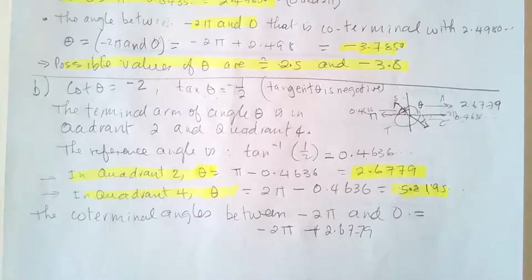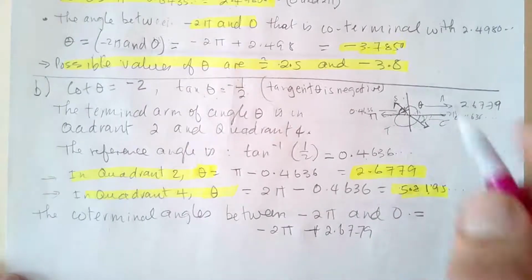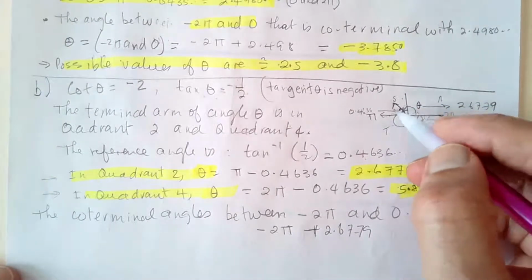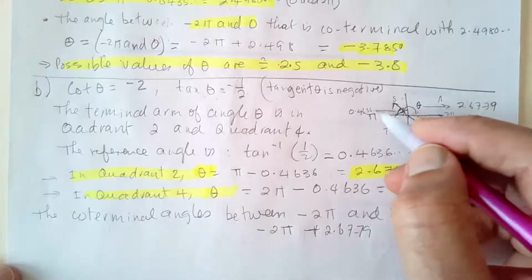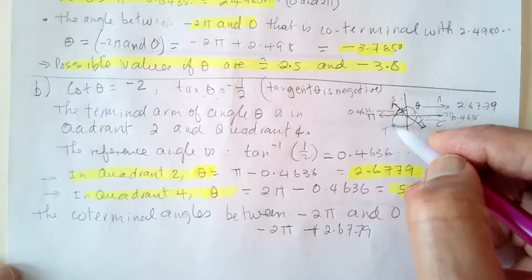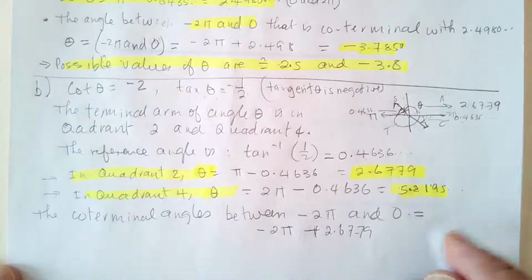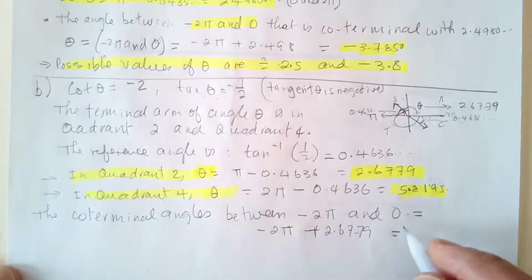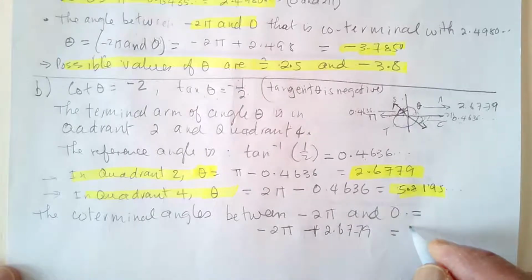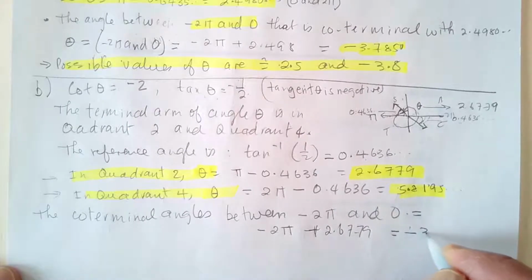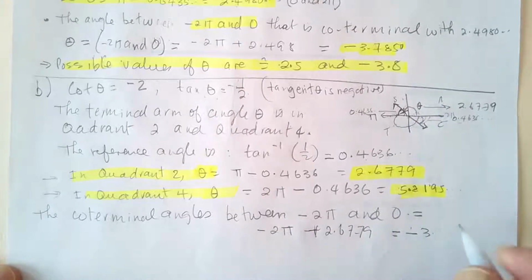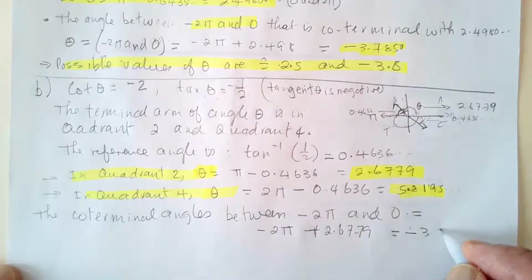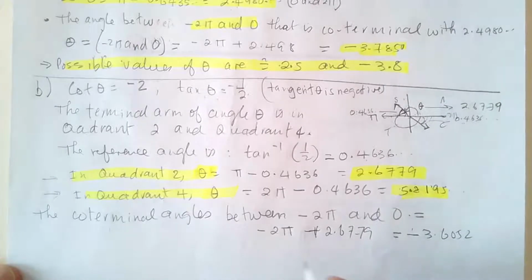That's one way of doing it. That's not the only way. You could have added 0.4636 and be negative here and negative pi, and you'll end up with the same result. Which gives me negative 3.6052.